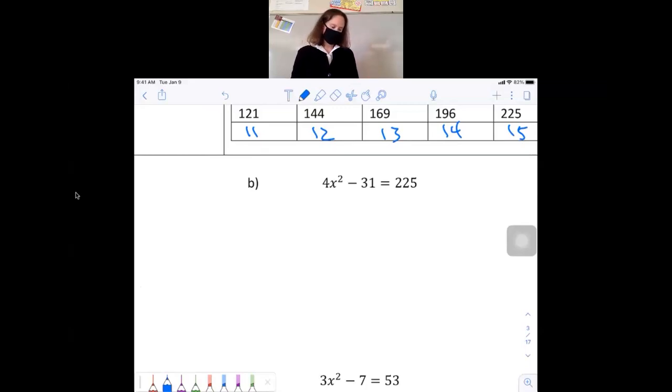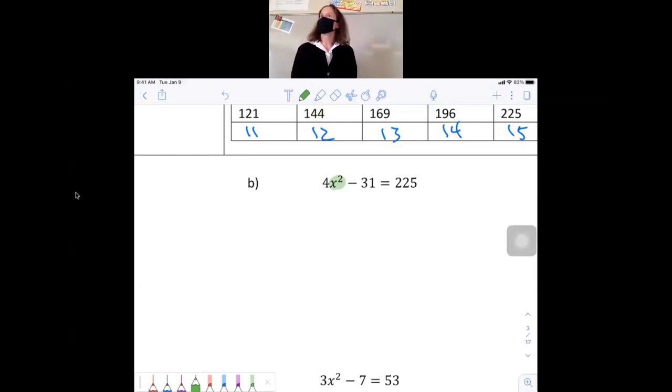Okay, so let's take a look at example B. I'm going to do that one first because I think B is a little bit easier and more traditional. So the first thing before anything is we want to get x squared by itself. So if I was solving this for just x squared equals blah, blah, blah, what would I do first?